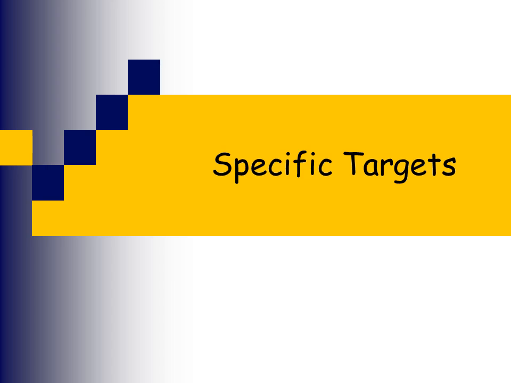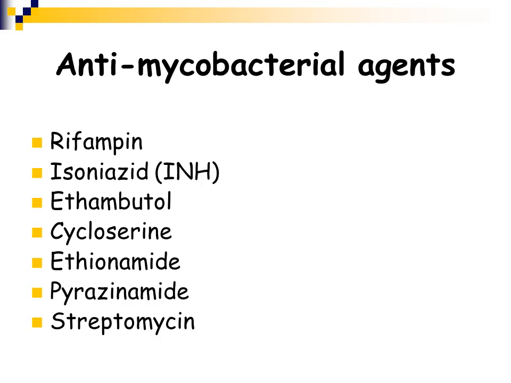Now, there are also antimicrobial agents that are very specific. They're only used to treat certain organisms. So one group are the anti-mycobacterial agents, and these include rifampin, which we already mentioned.